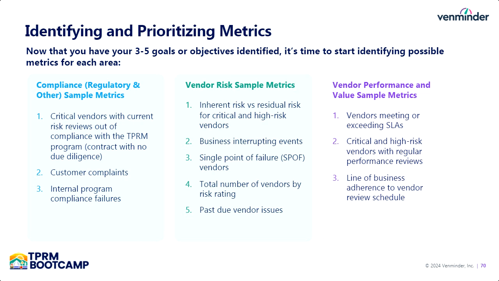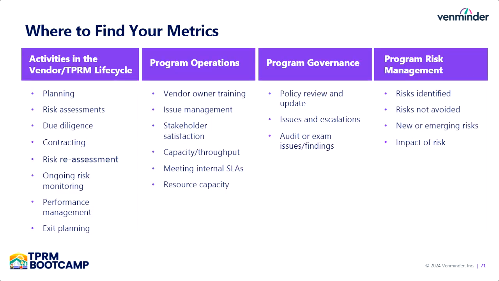Now these are just samples that we've listed here. You really could go with literally anything, but you want to focus on 3 to 5 meaningful data points that are going to demonstrate that you're meeting that objective. So let's look at where you might extract those data points.